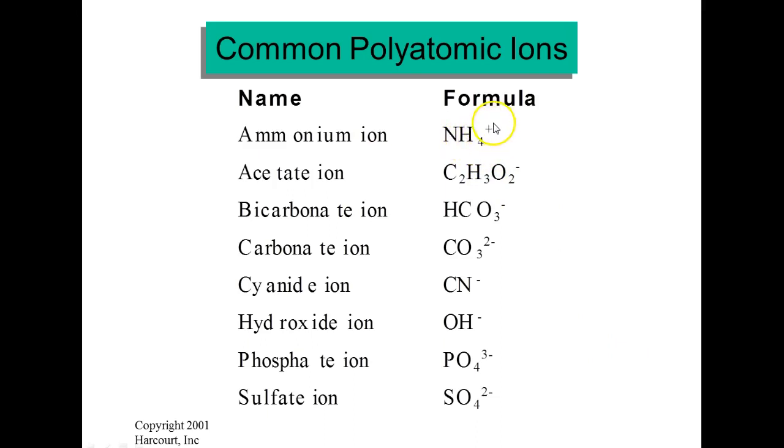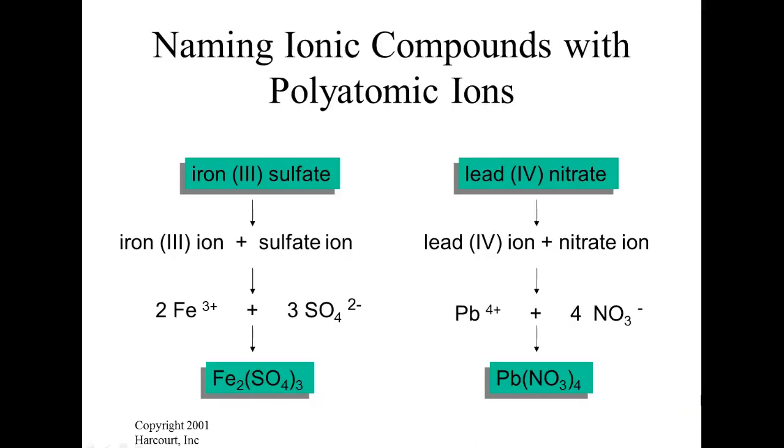But this number here is the overall charge of that chunk, that polyatomic ion chunk. So these we pretty much name the same way, but we're going to use the name of it, so it really helps if you have these memorized so that you can put these together.